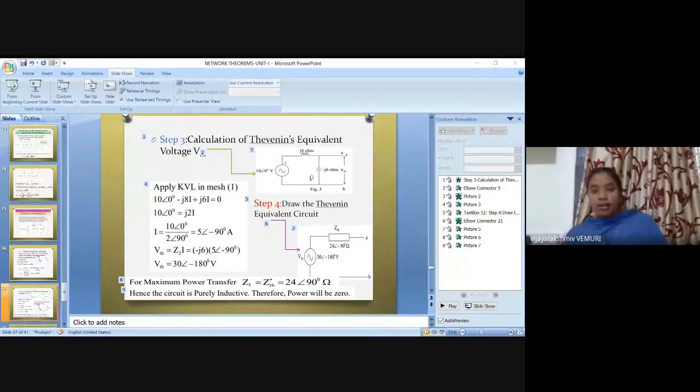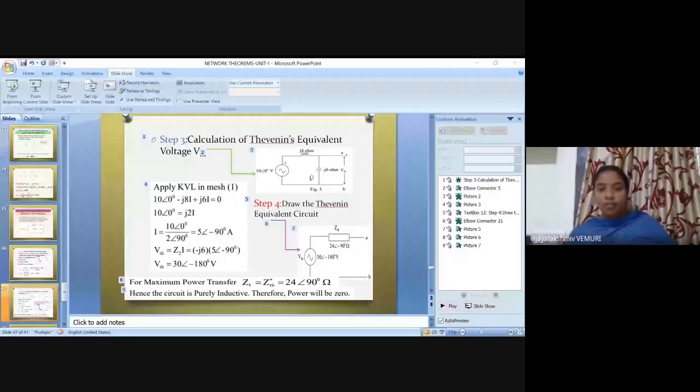What is our formula for finding out maximum power? VTH square by 4 RL. So what is our load resistor value? Load resistor value should be equal to ZL conjugate, isn't it? Then only maximum power will be transferred.